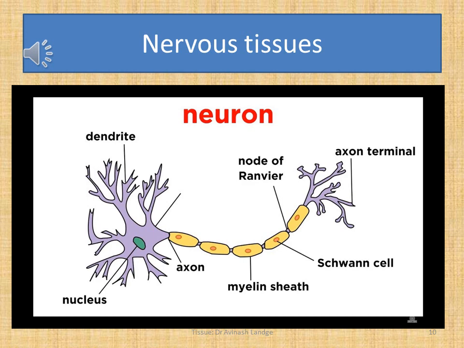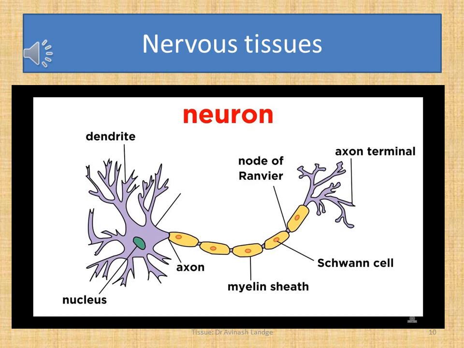As shown in the figure, the cell body has axons, cyton, dendrites. The cell body is the cyton covered by plasma membrane.